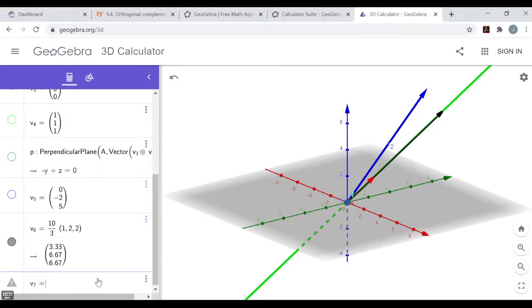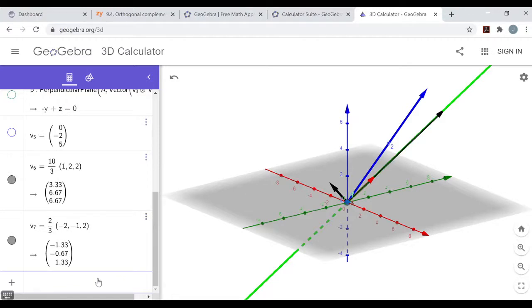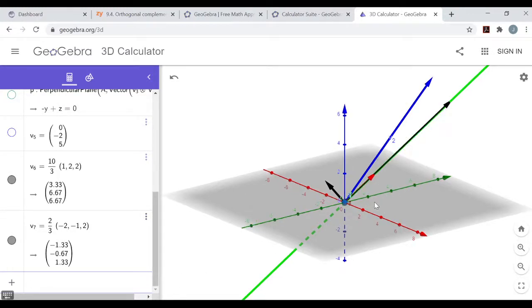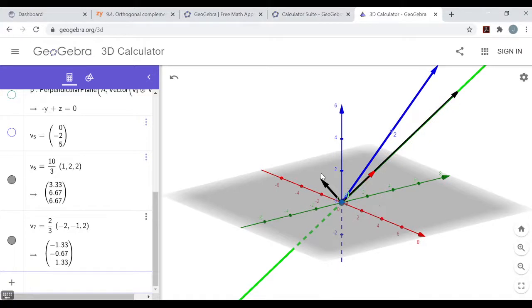Back to the page, we got 2/3 times the vector -2, -1, 2. Maybe you can't see it so well, but see how these two black vectors are orthogonal.